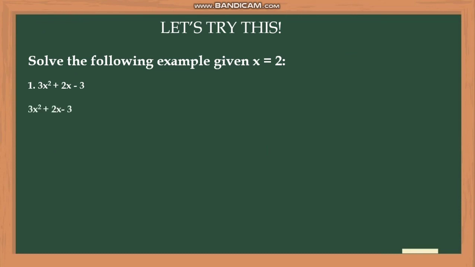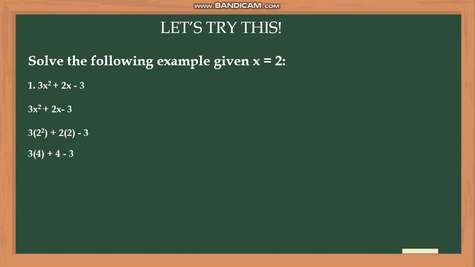So let's try answering it. X squared plus 2x minus 3, which is the given above. So all we need to do is substitute x equal to 2 in the given variable. So we have 2 squared plus 2 times 2 minus 3. So simplify its equation. We have 3 times 4 plus 4 minus 3.